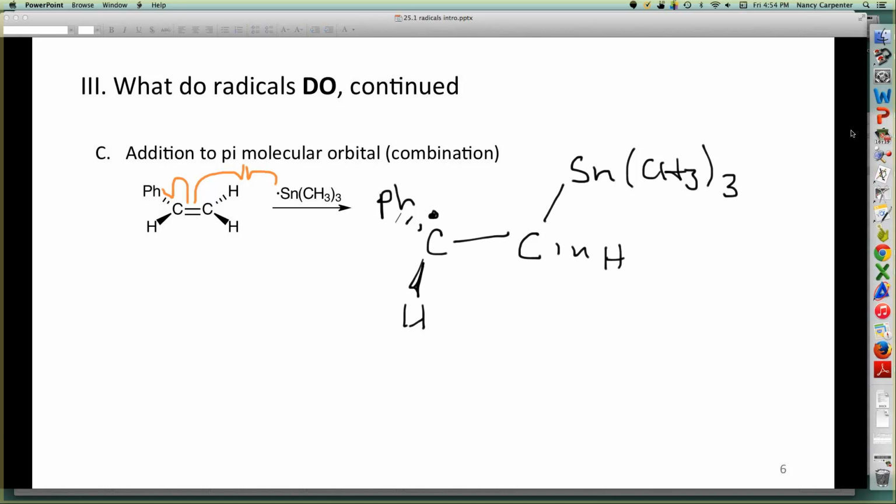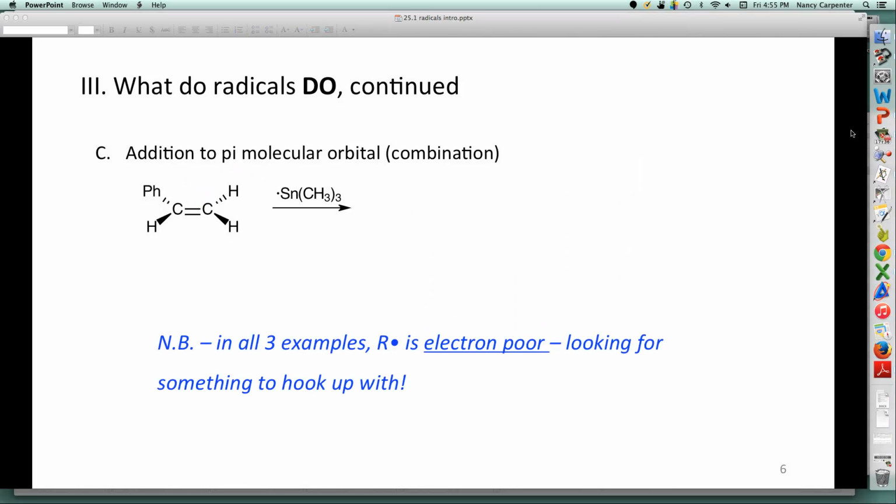And then we'll leave our hydrogens alone, they weren't involved. So here's my new bond, but I've just added the 2 pieces together. I've combined them, and I generate a new radical species right there. So those are the 3 elementary steps for radical chemistry.